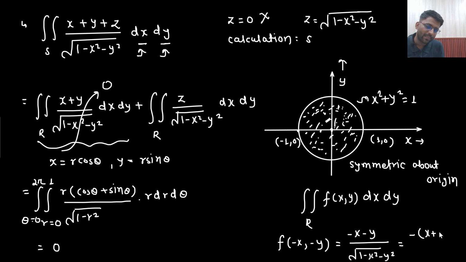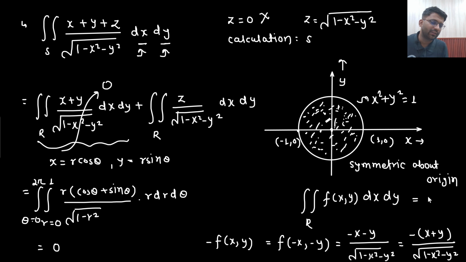So what you are getting? Minus x plus y divided by under root 1 minus x square minus y square. So this is coming out to be equal to minus f of x comma y. And if this is the scenario, then this integral will always come out to be 0. If your region R is symmetric about origin, is it symmetric about origin?